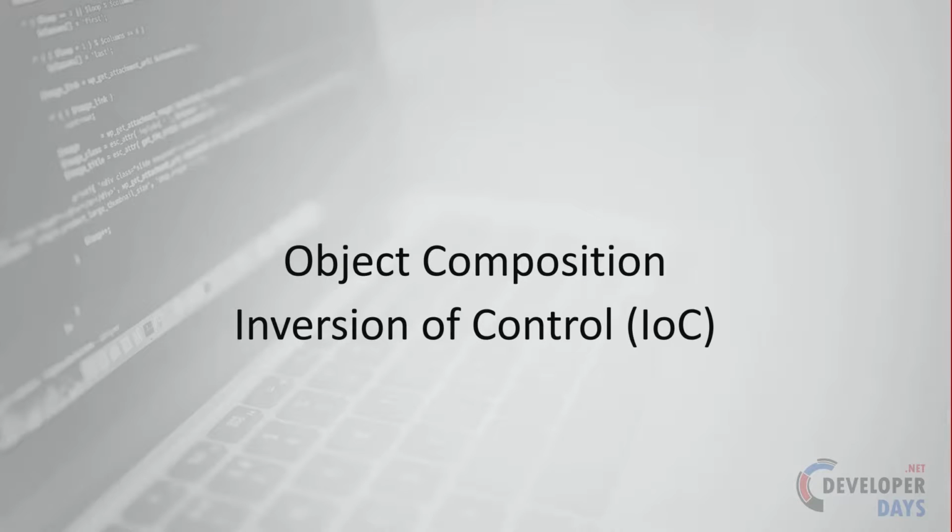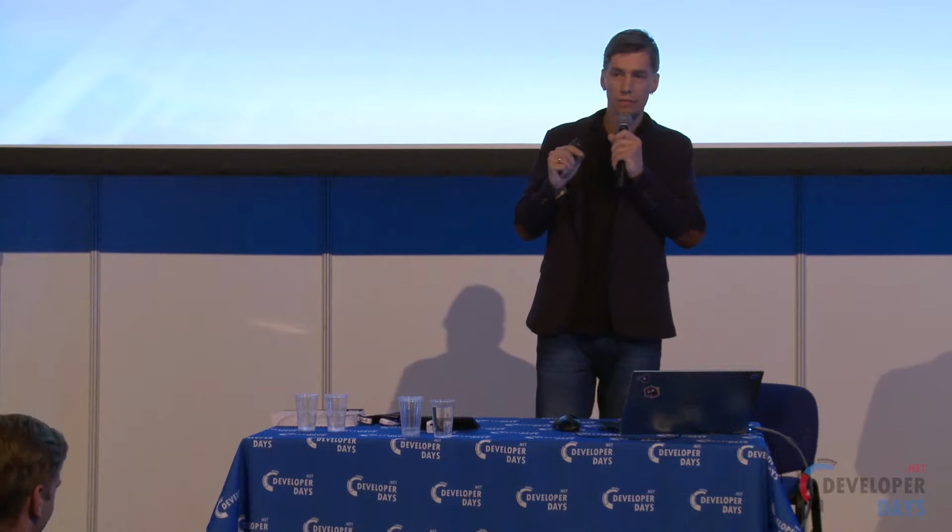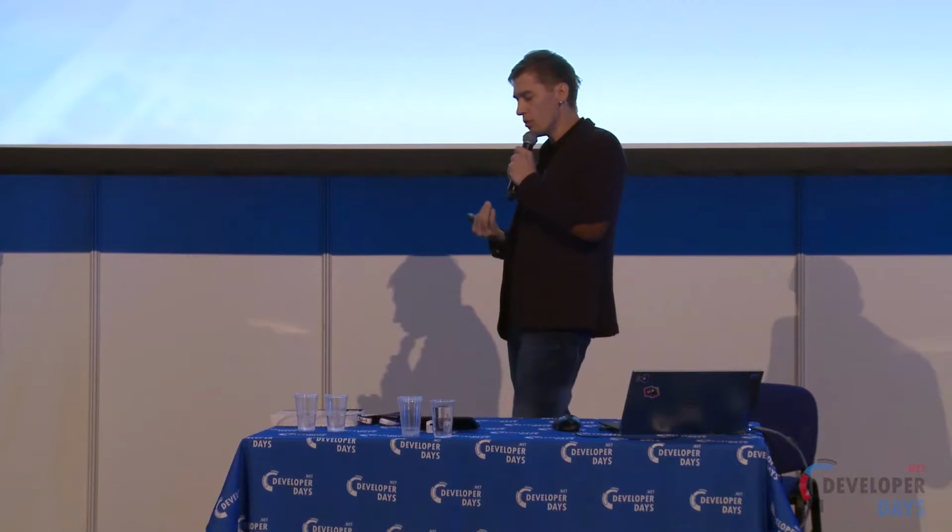Also, dependency injection is known by the names object composition, or sometimes, reading the documentation, you might see a term called inversion of control. Here, the key factor is that you as a component author don't care how you get those dependencies. It's not your business, right?